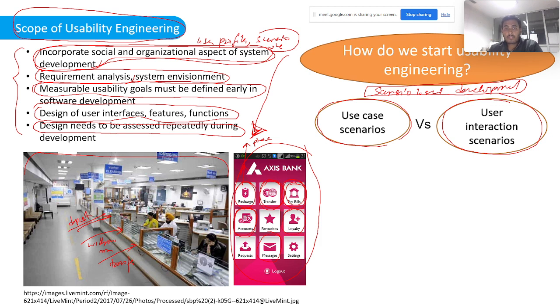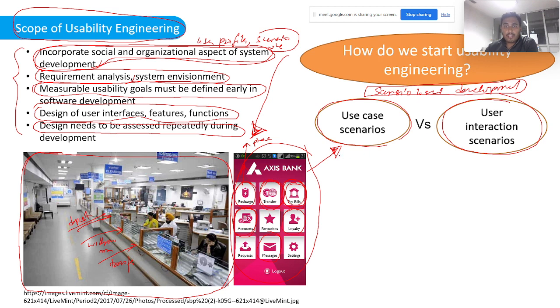Whenever we analyze a real use case scenario of what happens inside a bank, we gather all sorts of information on what needs to be there in a mobile banking application. That's what is defined by use case scenarios, and it's more generic in nature.